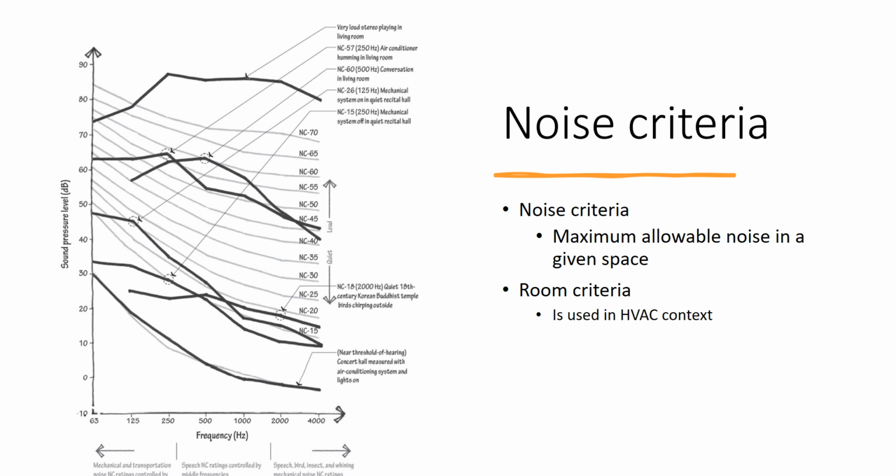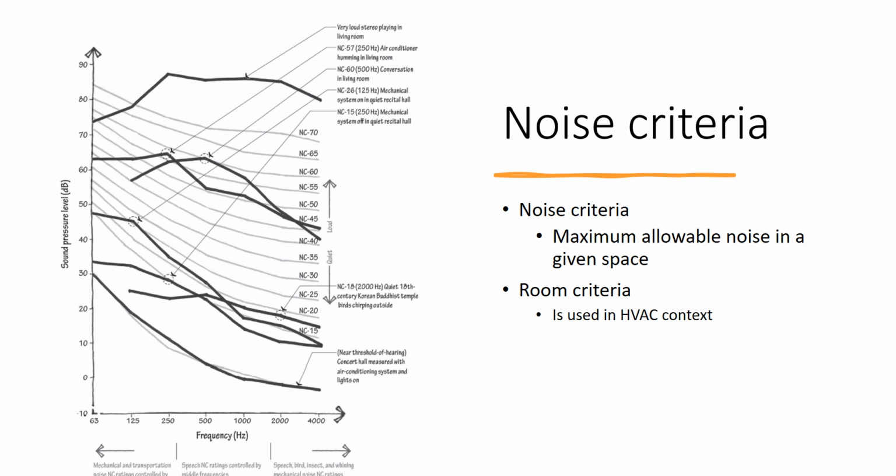Each indicator, like the topmost portion, is the noise level of a very loud stereo playing in a living room, and the next one below is an air conditioner humming in the living room. So these are specific sound levels, and at a particular frequency you can see the marking. There is an x-axis and also a y-axis. The x-axis defines the frequency, and the sound pressure level is indicated on the y-axis.